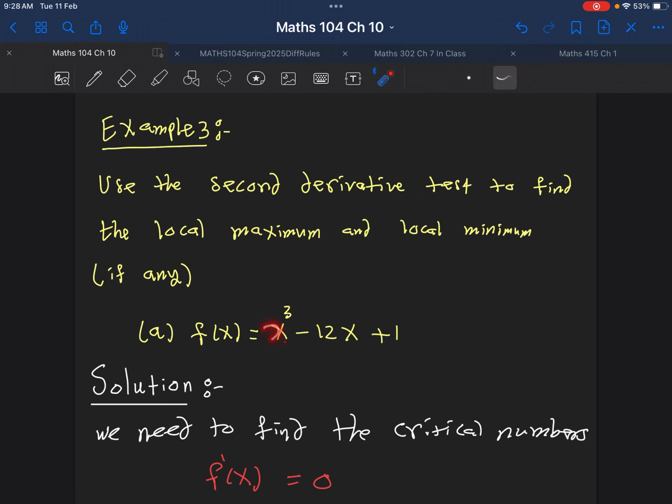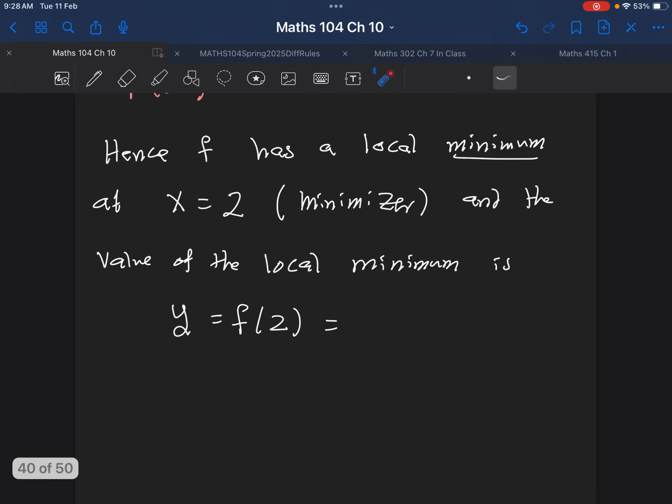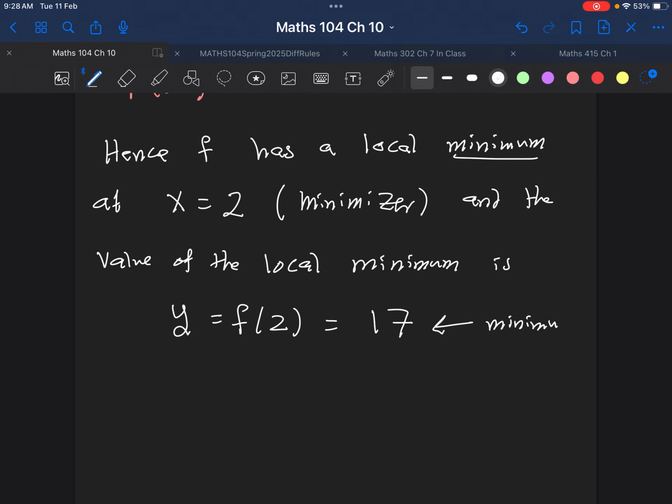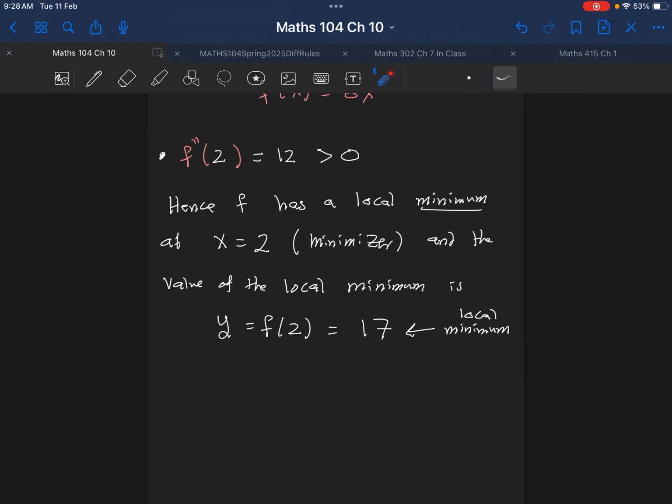If we put 2 in, we will get f of 2 equal to 17. And this is the minimum value. Remember, the word minimum means we are dealing with the y value. The minimizer is the x value. We focus on the value of the function, which is 17.